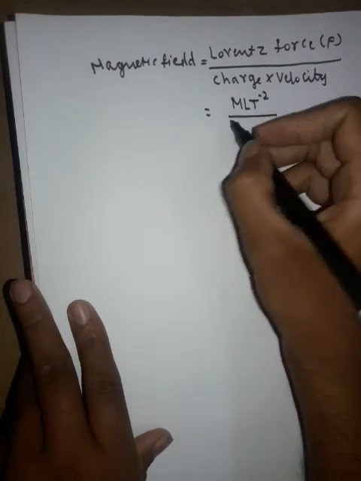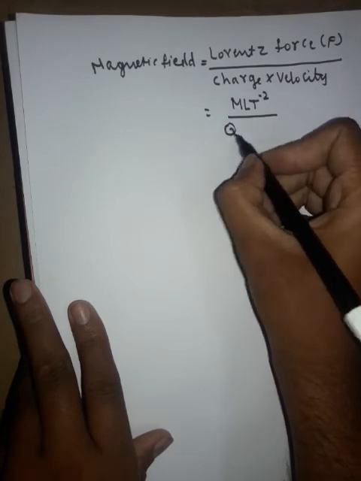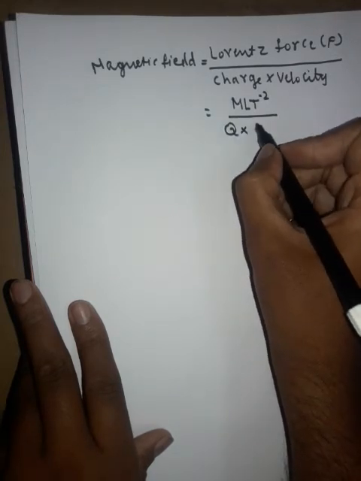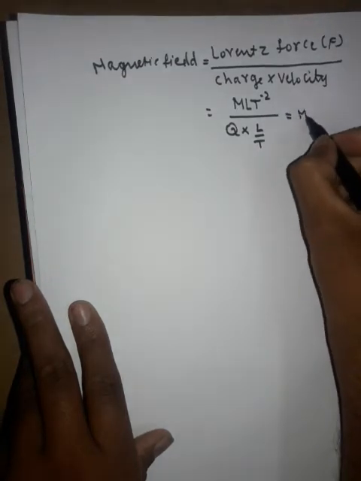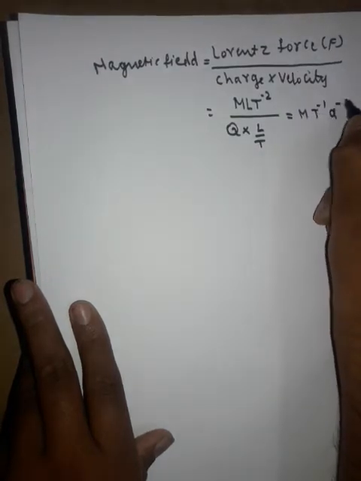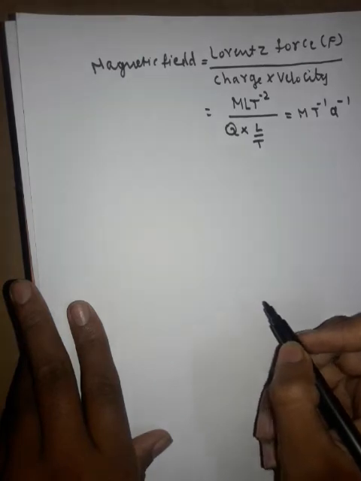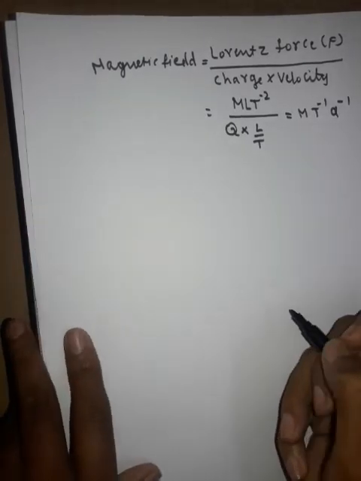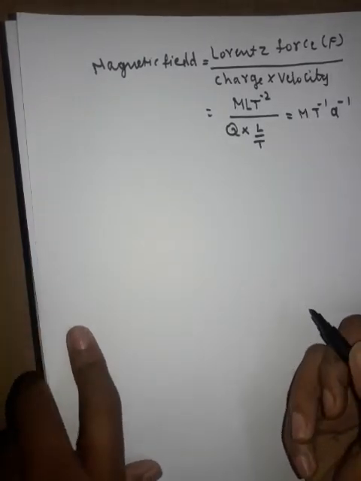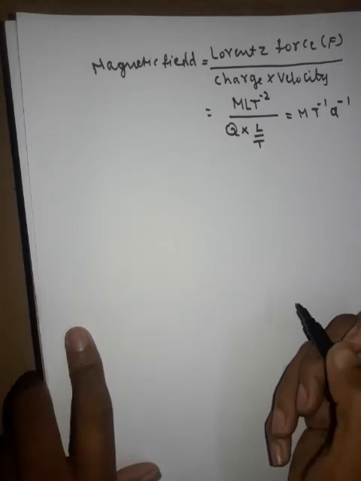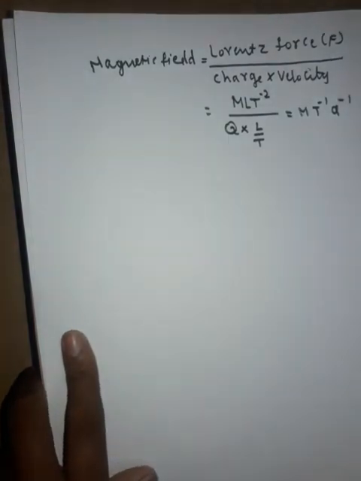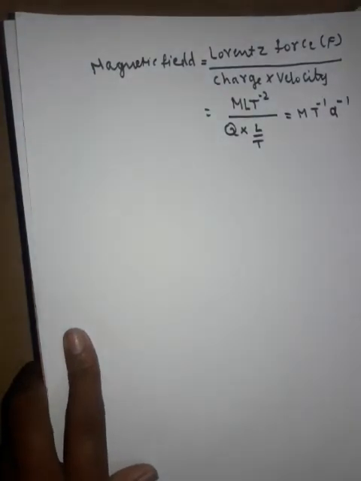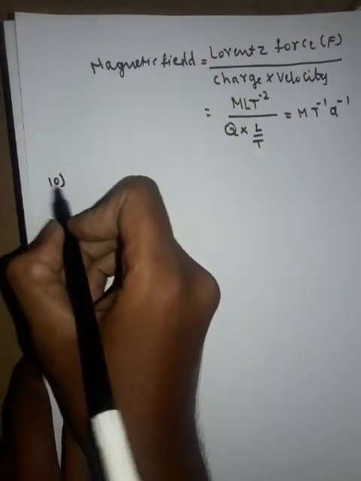Okay, charge, which is generally given by Q, into velocity, which is L by T. For that I can write M T power minus 1 Q to the power of minus 1, in terms of charge.